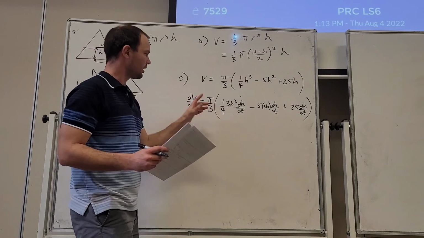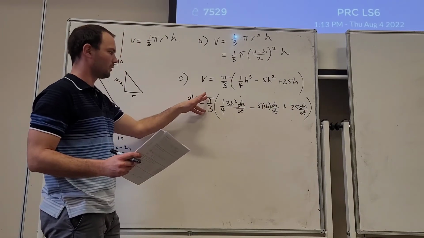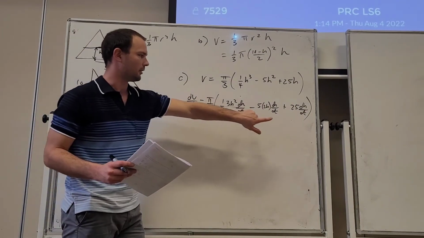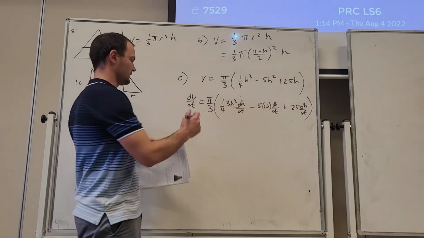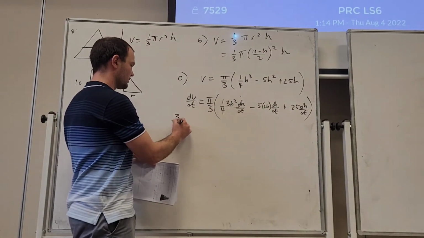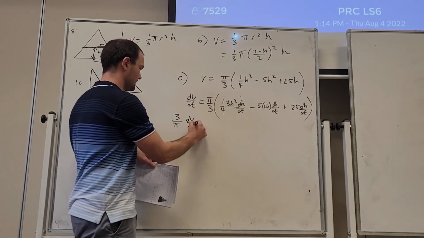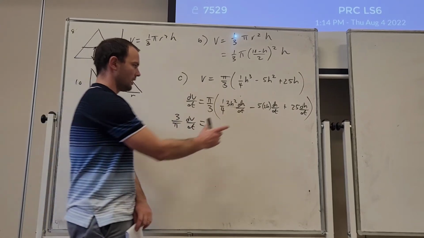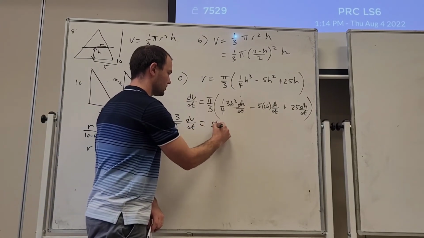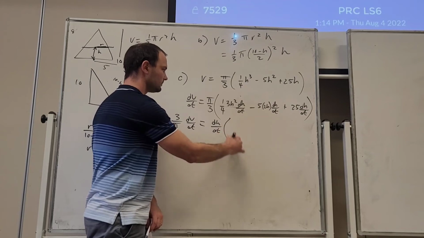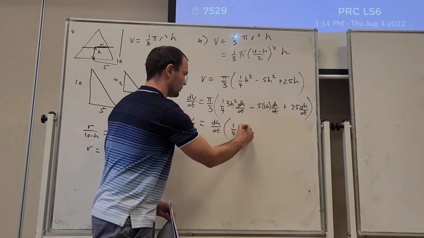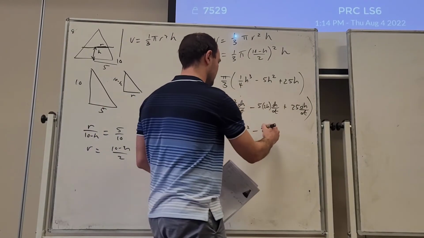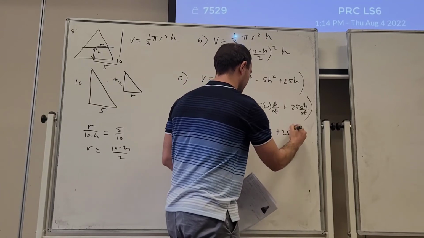So what I'm going to do, I'm going to multiply both sides by 3 on pi, and over here factorize dH on dt. So let's do that. We're going to have 3 on top of pi dV on dt. And then over here we'll factorize dH on dt. And what are we left with? A quarter, 3h squared, take 10h plus 25.